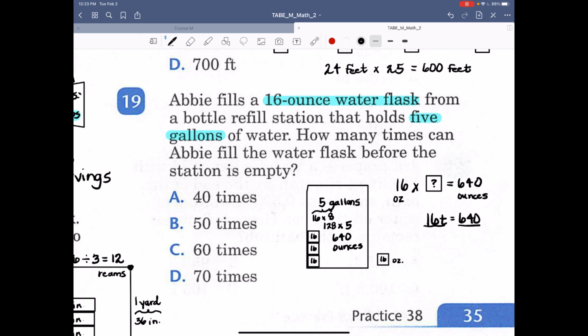Divide both sides by 16. So the number of times is, I believe it's 40, but let's be sure. 40. She could fill her water flask 40 times from that station.